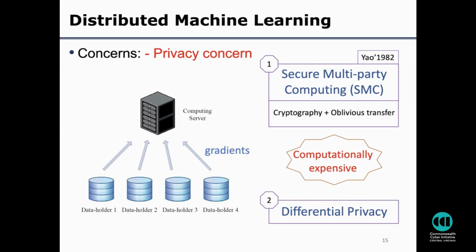But this process requires the data holder to execute expensive computation locally. So this is actually a burden to resource-limited users. The other type of scheme is to use differential privacy to protect users' sensitive information by adding noise to the transmitted data.